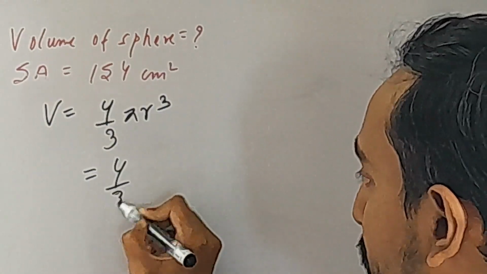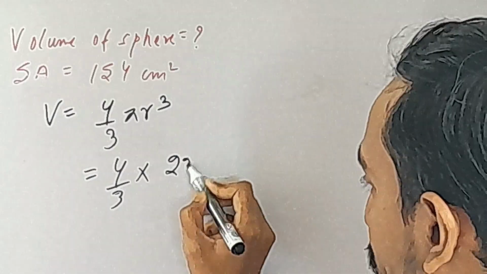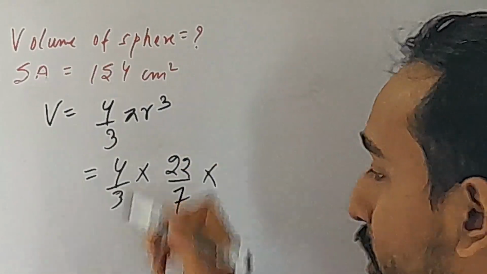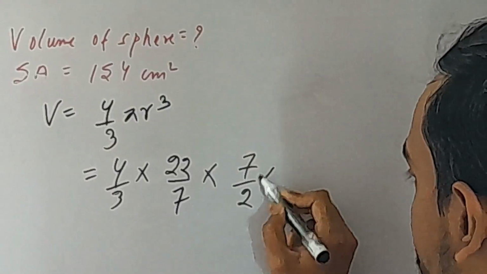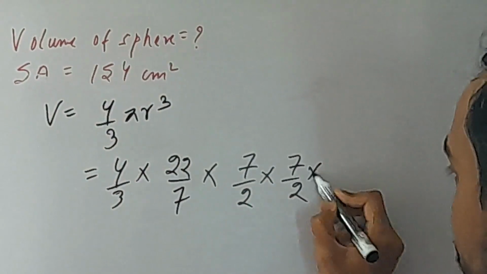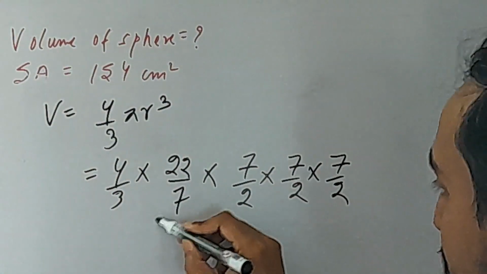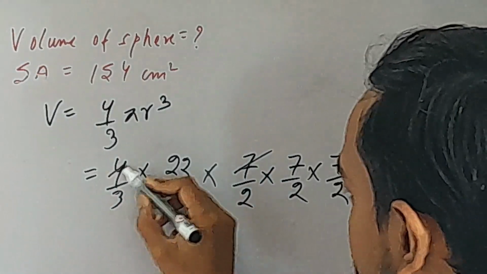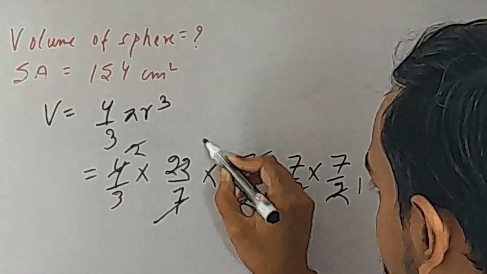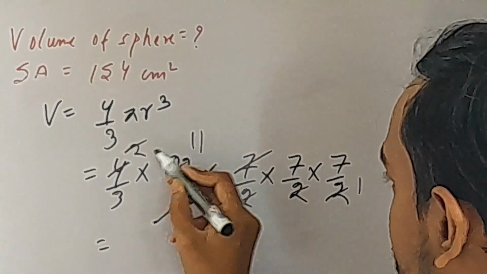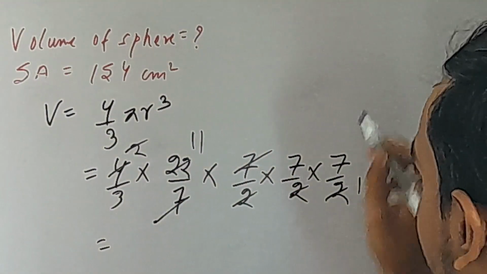So this is the formula here, 4 by 3, the value of pi is 22 by 7, and the radius of the sphere is 7 by 2. So it is 7 by 2 times 7 by 2 times 7 by 2. Let's cancel the important things here. So 7 into 7 is 49, into 11.